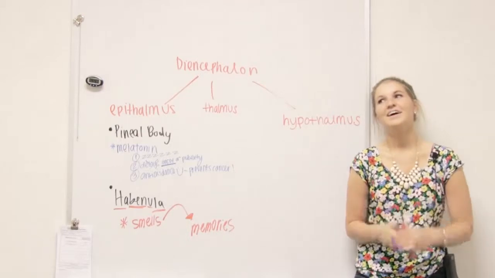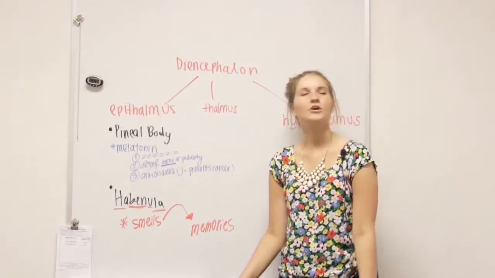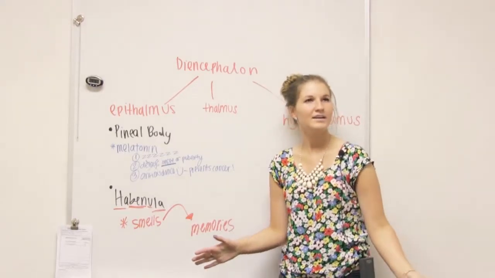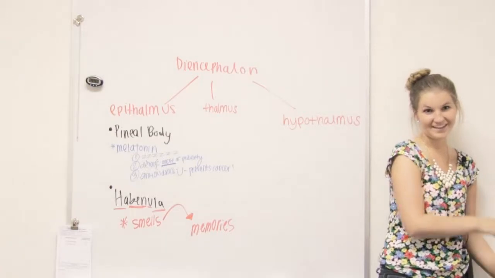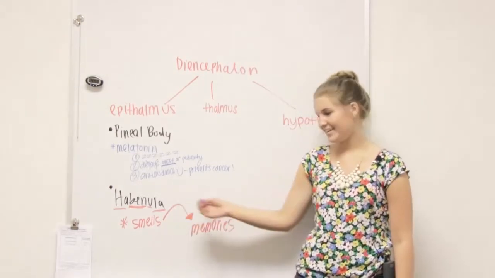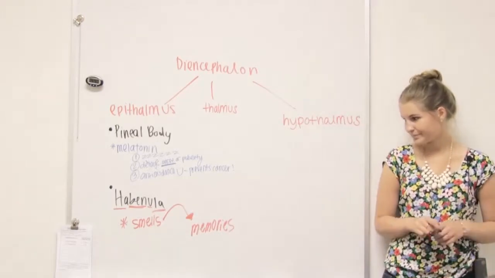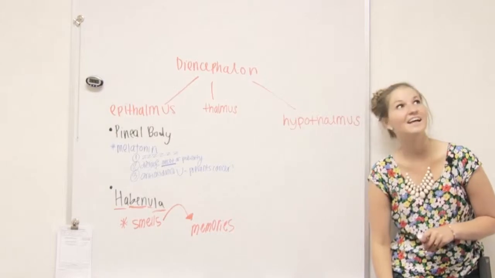Why? Because I smell the cologne of a guy that just walked by, and it brings me back to my ex-boyfriend. So then I start thinking about my ex-boyfriend. Habenula. That's exactly what it does. You smell something and you think of another memory.